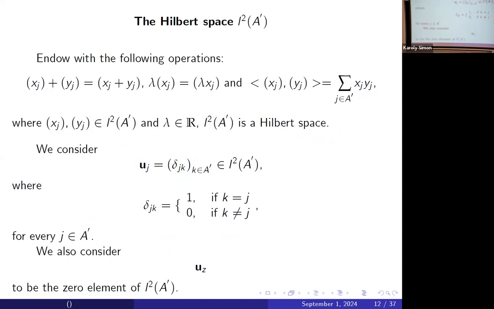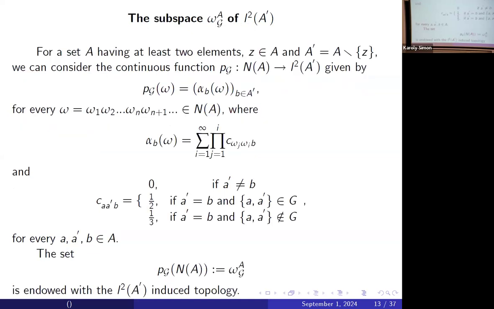So l2 is a Hilbert space. I will denote the zero element by u_z, and by u_j, the family that has zero on all the positions except the position j. Okay, and now we want to produce the topological copy inside of little l2.